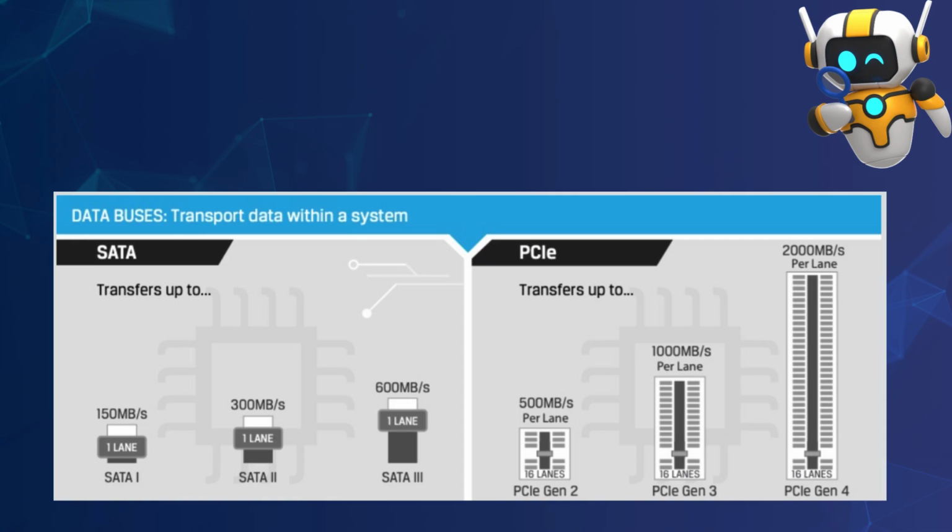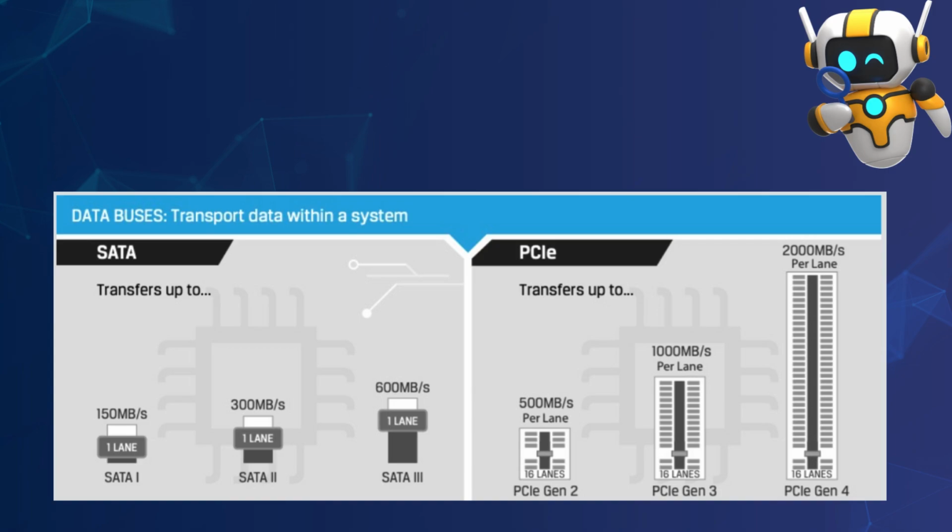On the right, we have PCIe, or Peripheral Component Interconnect Express, a high speed interface used for connecting various hardware components including NVMe SSDs and graphics cards. PCIe excels with its multi-lane design. PCIe Gen 2 offers 500 MB per second per lane, Gen 3 doubles that to 1000 MB, and Generation 4 further increases to 2000 MB per lane.